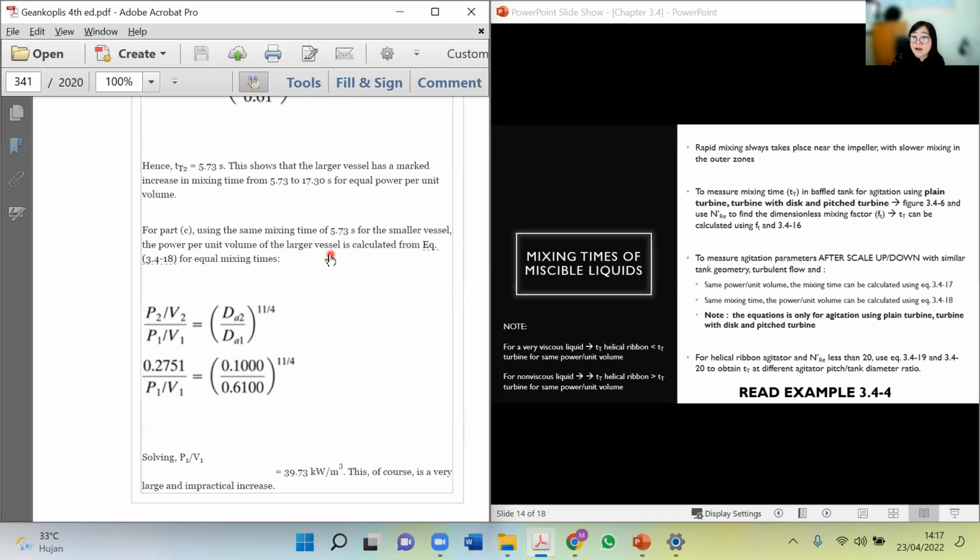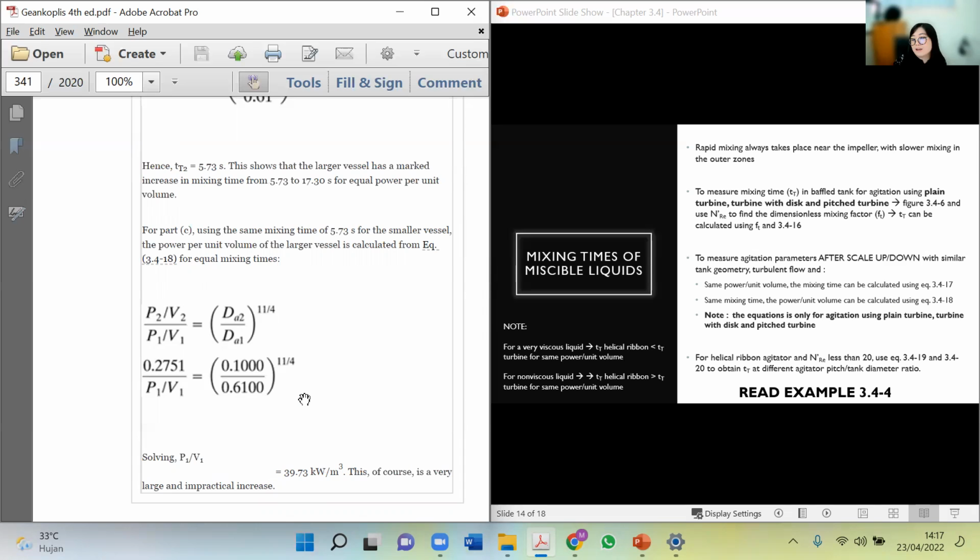So of course it will require higher P per V. That's why the P per V resulted in this part is very much higher compared to point A.